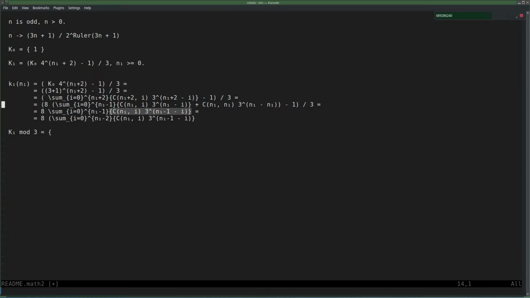Minus 1 divided by 3 equals, and then we do 1 less.